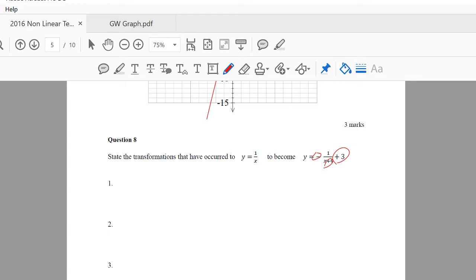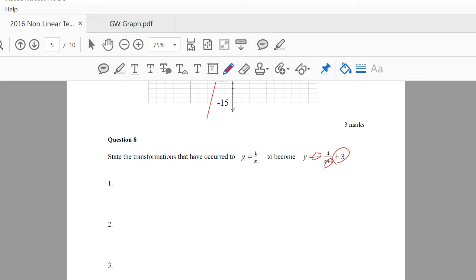We'll do the negative sign first, because you should always do the dilations first. We'll do the translations last. That negative sign is simply reflecting the graph in the x-axis. The same thing happens with y equals x squared.